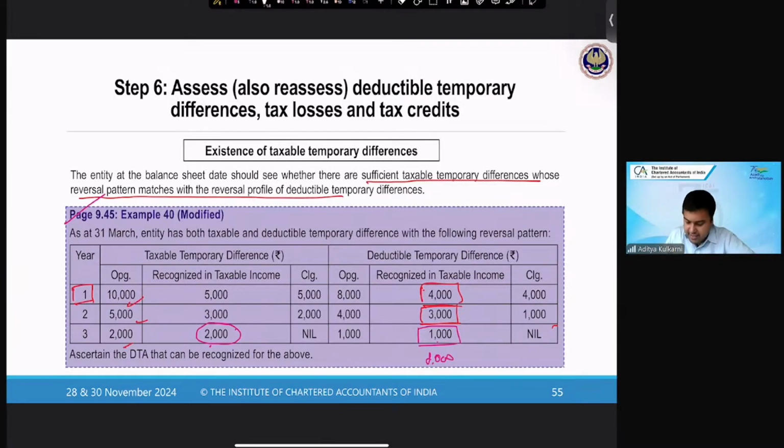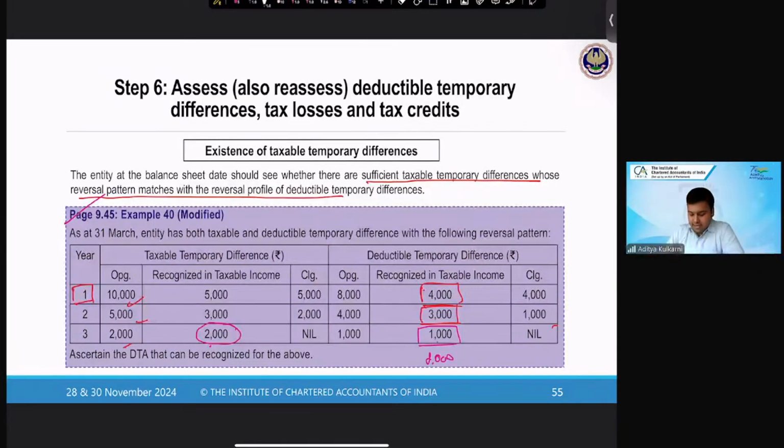The entity at the balance sheet date should see whether there are sufficient taxable temporary differences whose reversal pattern matches the reversal profile of deductible temporary differences. As at 31st March, the entity has both taxable and deductible temporary differences with the following reversal pattern. What does it mean?